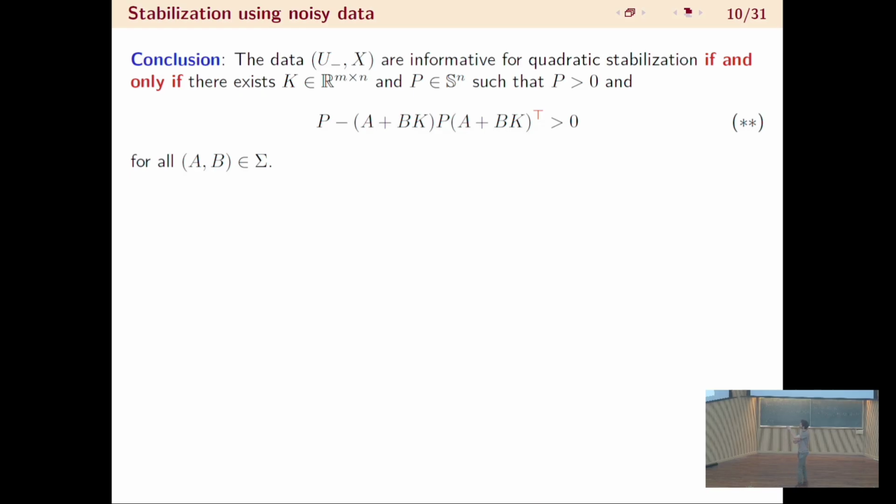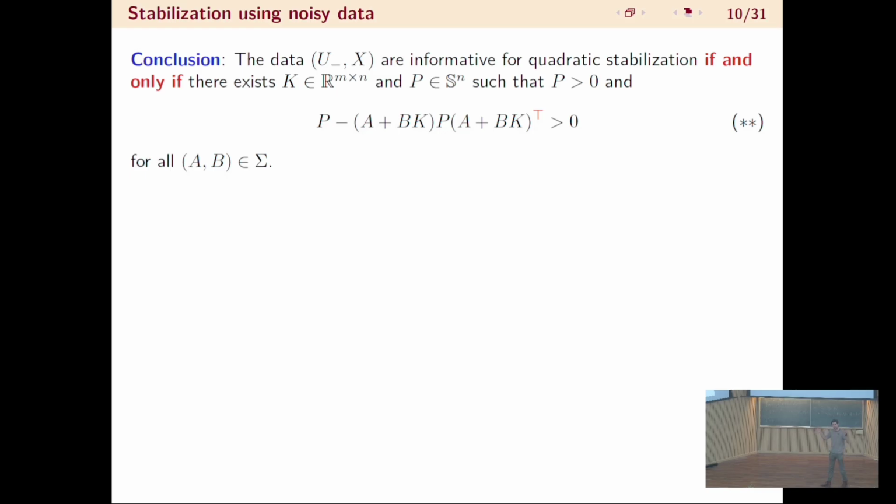Again, I put the transpose here on the right. By the way, I swept a little bit under the rug the fact that I also redefined P as P inverse here. But I do understand that of course there exists a positive definite matrix P inverse if and only if there exists this positive definite matrix P.